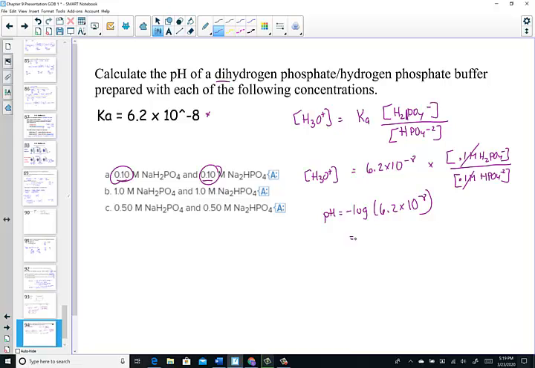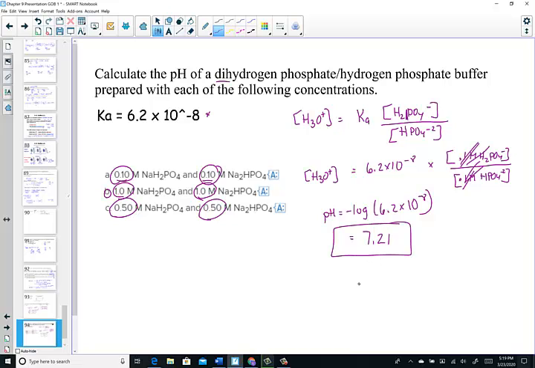I got 7.2, and I'll just round, 7.21 pH units. Now, do you notice in letter B, we have 1 molar and 1 molar? It's going to cancel out. pH is going to be the exact same number. Letter C, we have a 0.5 and a 0.5. They're going to cancel out, so we have the exact same number.